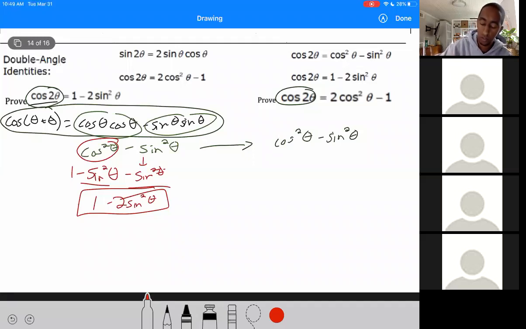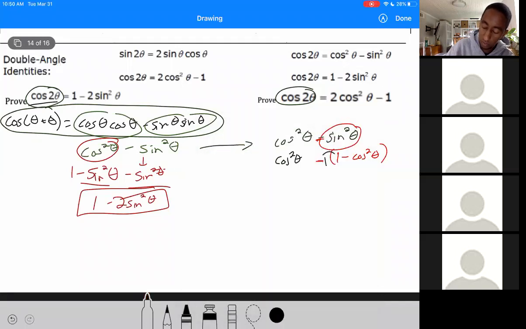Wouldn't it be sine squared of theta is 1 minus cosine squared of theta? Yeah, exactly. That's 1 minus cosine squared of theta. And we have to keep in mind that this minus out here. So, and then we bring that down.